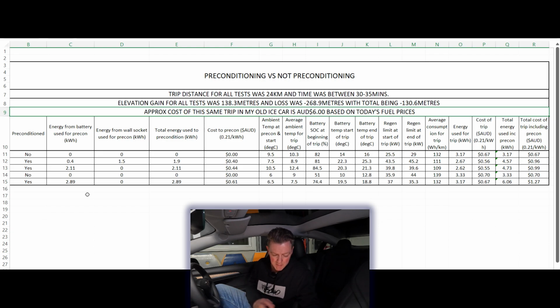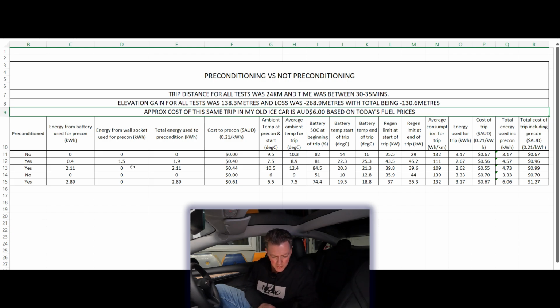So it goes up above and beyond what a 10 amp socket will supply. So we're seeing some energy used from the battery. We here have energy used from the wall socket. So you can see here I did one precondition where I was plugged into the wall. So I think that illustrated that.